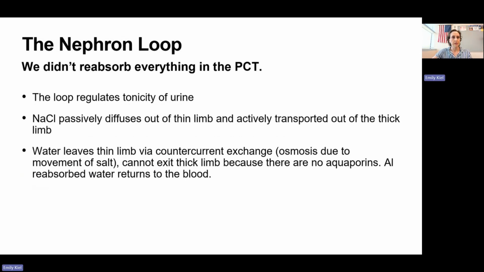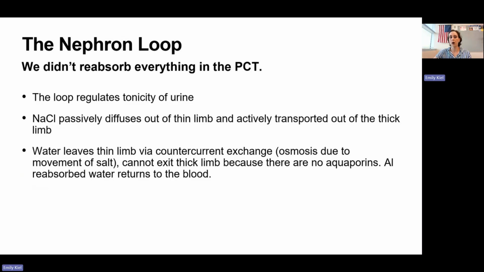So we're back to the nephron loop. We didn't reabsorb everything we wanted in the proximal convoluted tubule, and the nephron loop is going to regulate the tonicity of the urine. So sodium chloride diffuses out of the thin limb passively, and then is actively transported out of the thick limb.